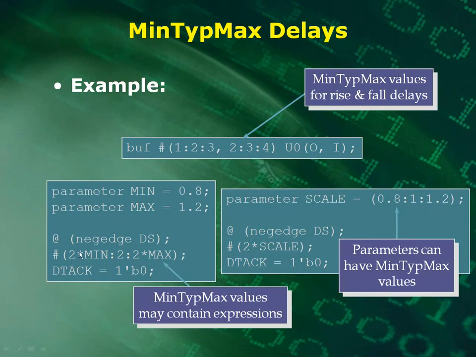You can actually do some things like this. Here's another example where I said 2 times scale. This is just a simple delay, except for the fact that we declared a parameter scale and we gave it min, typ, max. So now this is 2 times each of these min, typ, max. So parameters can have min, typ, max values.